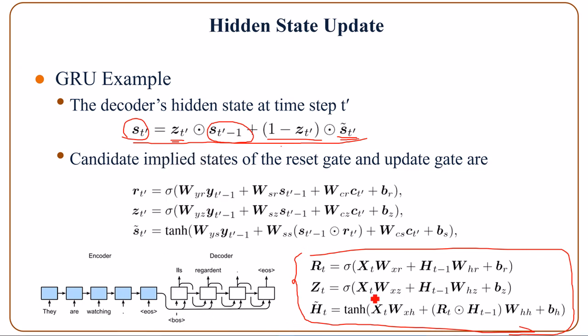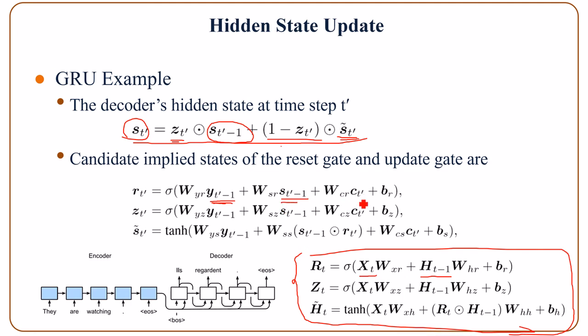The input, previously x_t, is now y_{t'-1}, which is the output from the previous time step in the output sequence. And instead of the hidden state at time step t minus 1, now we have something similar, which is the hidden state at time t prime minus 1.